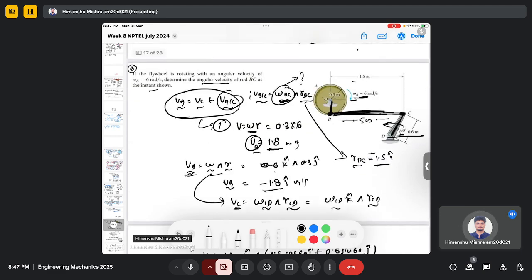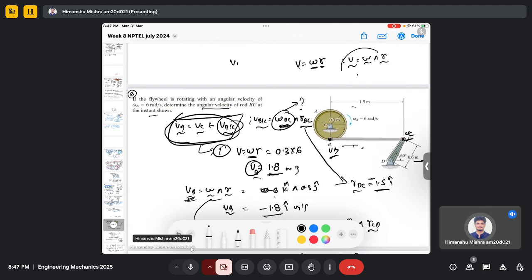And we have used the same expression here. The only difference in this question is that you are not directly given the velocity of point B and the velocity of C. If you are not given any translation velocity VB and VC, you can always use this formula to calculate them. So for VB we use this formula because we have already been given omega A. So from this we actually got VB.